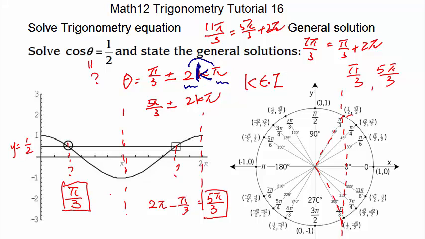Okay, so if you want to know the differences between whole numbers, natural numbers, integers, real numbers, irrational numbers, all these kinds of things, please refer to my grade 10 videos. I have a big video about the number system there. Okay, so right now I'm not going to go through this. Okay, so theta equal to these things, that is our general solutions.